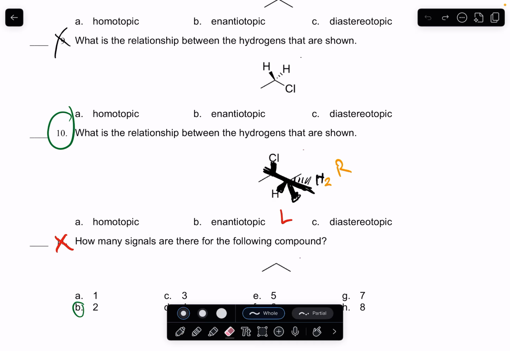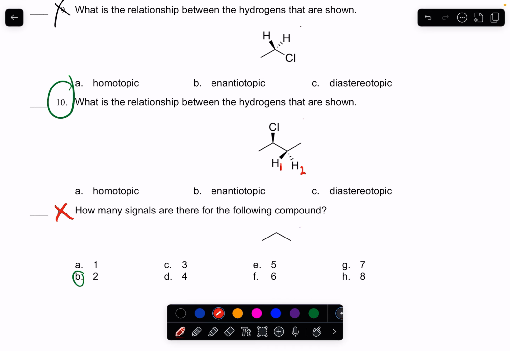Kind of just jumbled everything up. Let me just do this. These are different protons. And therefore, considering they are different protons because of the chlorine being on the wedged side and a hydrogen being on the dashed side, this is diastereotopic.